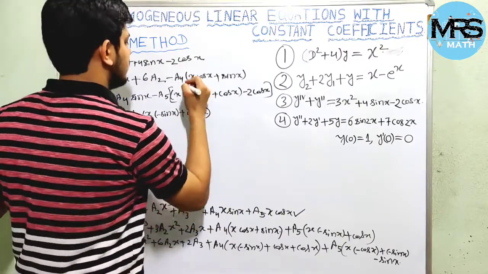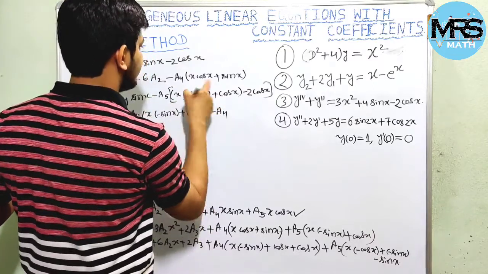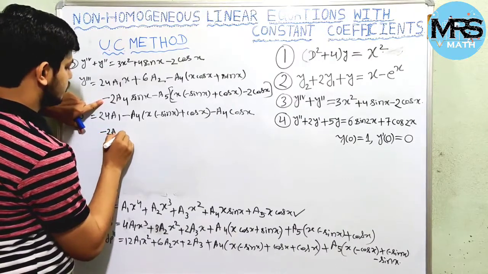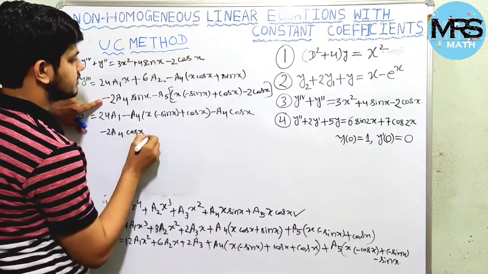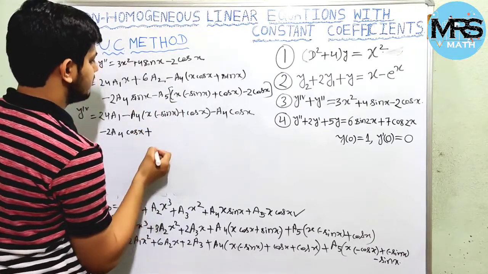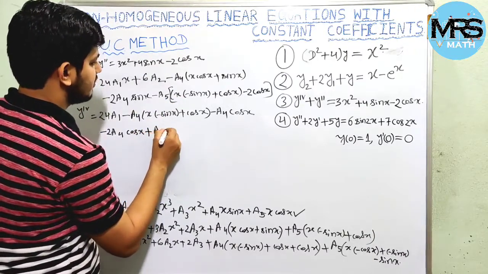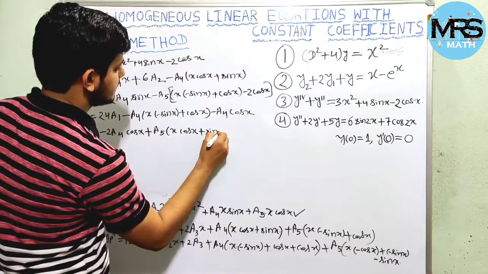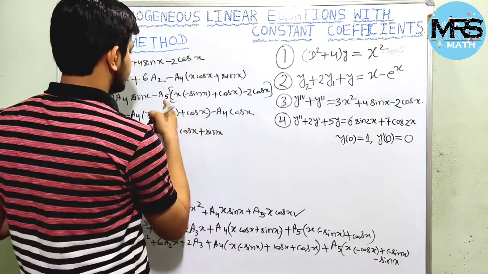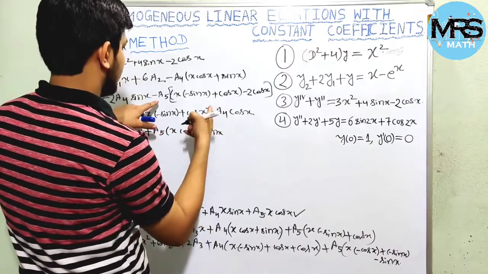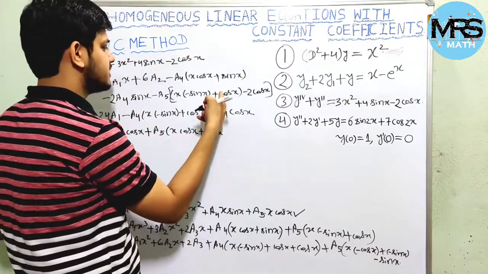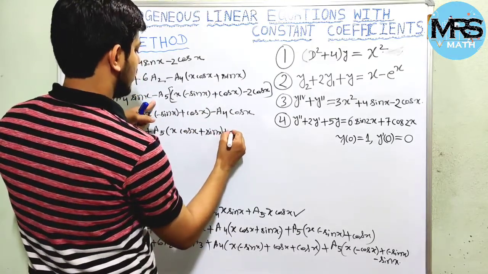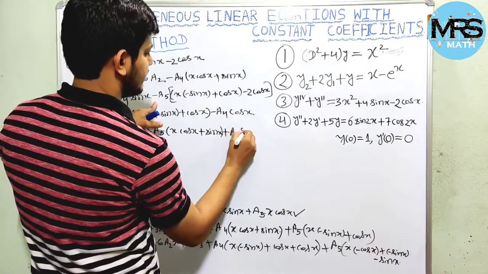Now this is that one, it will be minus a4 cos x, so that will be equal to minus 2a4 cos x, so this minus it will be plus a5 and that will be x cos x plus sin x, then cos x derivative is minus sin x, another minus is there, so that will be equal to plus a5 sin x.